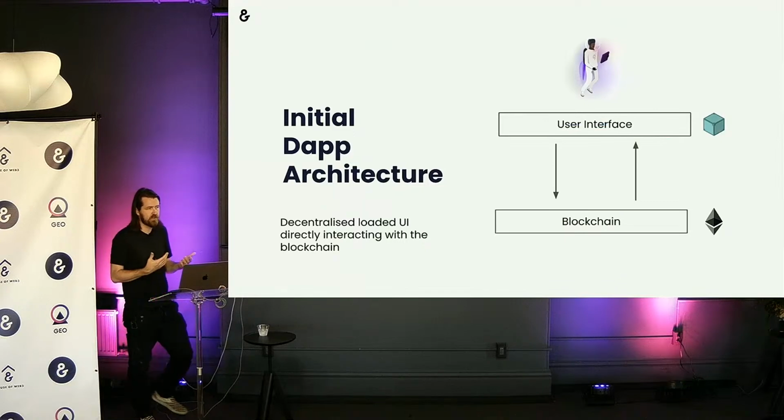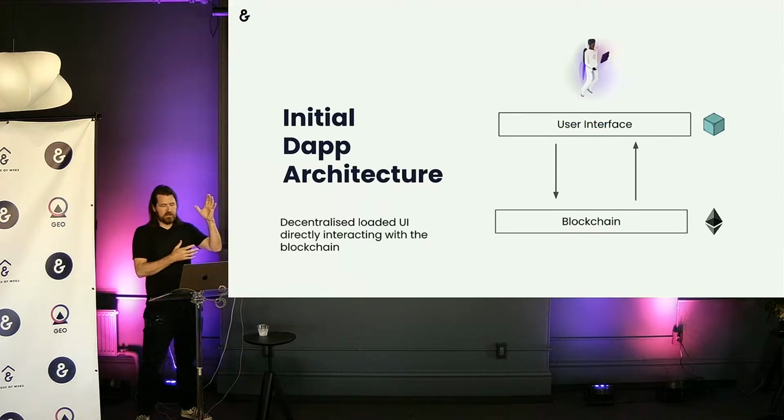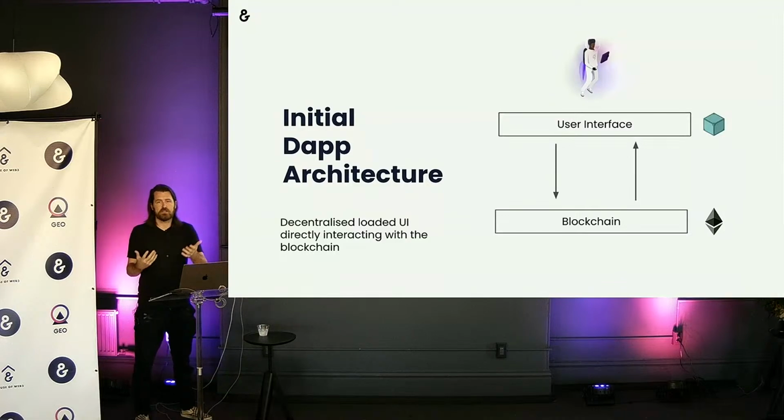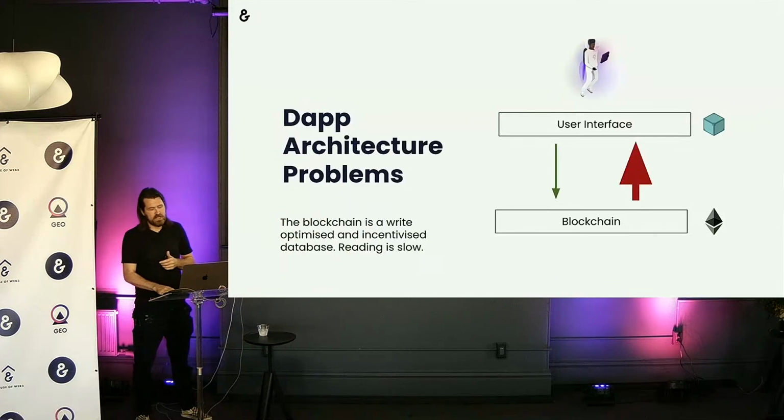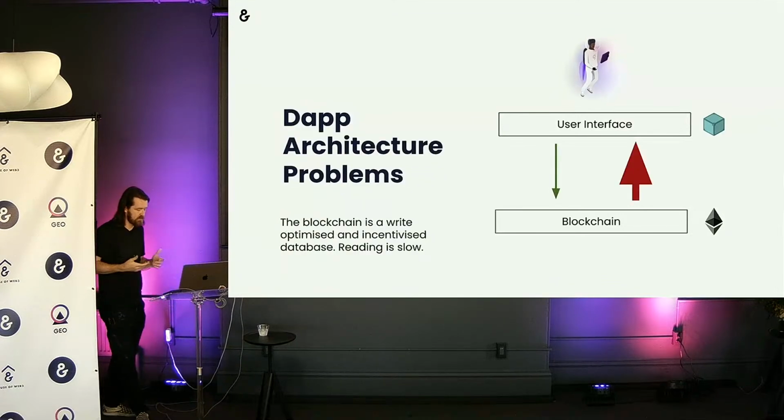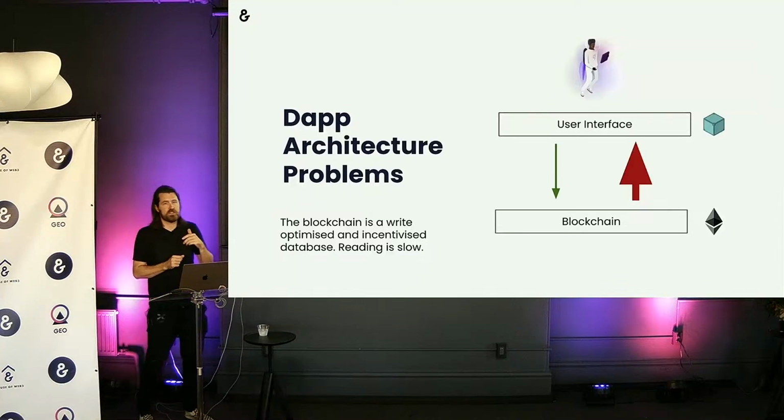We also have this initial architecture, where the concept for an initial dApp was that you have a user interface that you hope would be decentralized, stored on IPFS or some kind of decentralized data store. And then your smart contract, which has the business logic for your dApp, lives on the blockchain, and you would read and write. But the main issue is that most blockchains, or all blockchains, are really incentivized for writes.